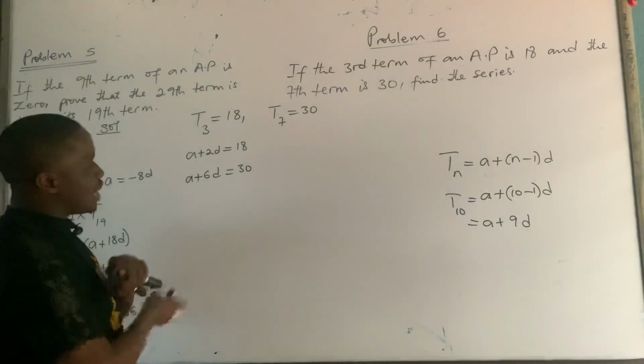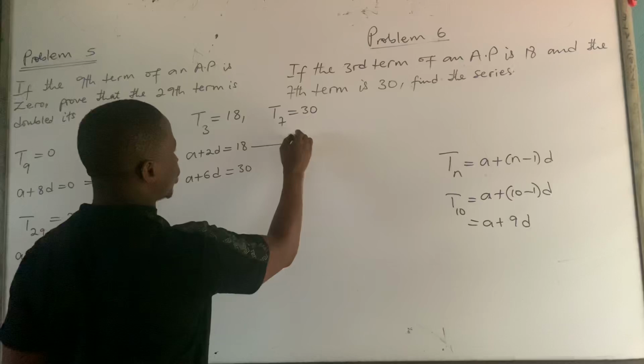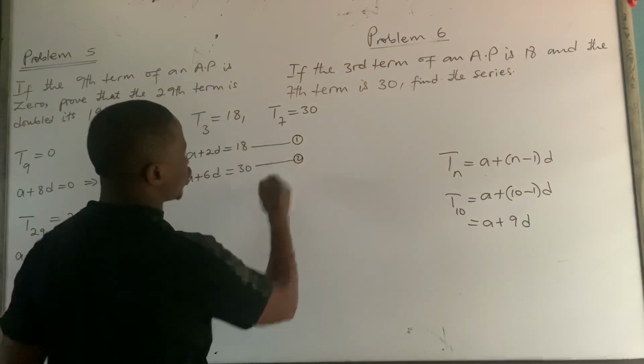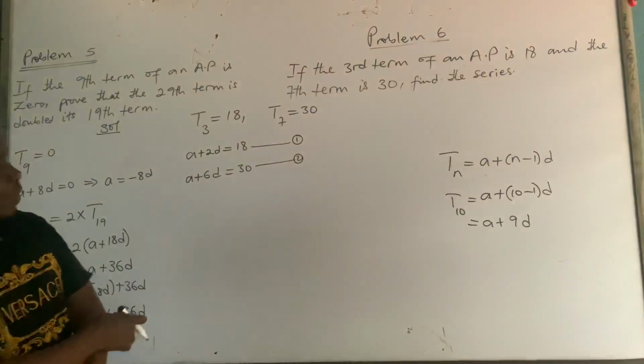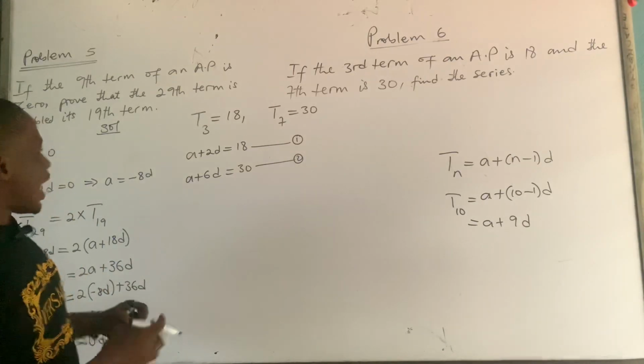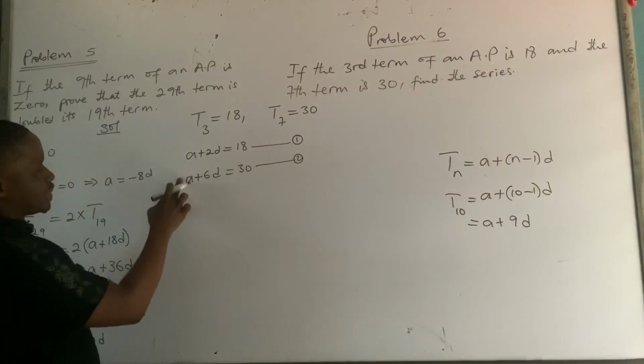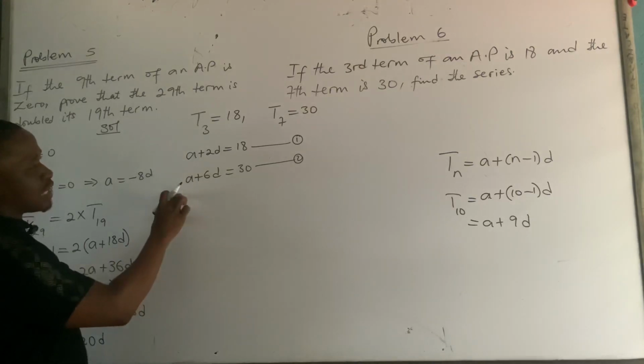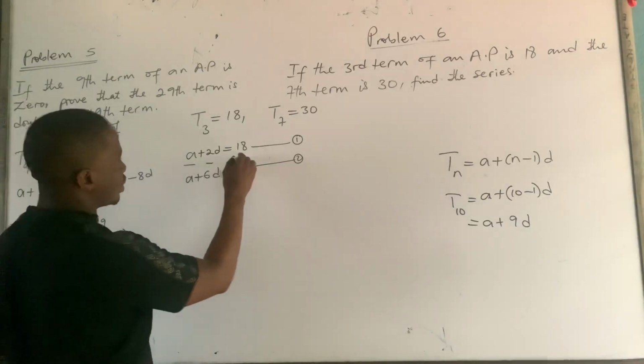We can simply label this equation 1, this equation 2. So where are we now? Simple linear equations. But we are lucky that this is 1, this is 1, and the signs are the same, so we subtract.